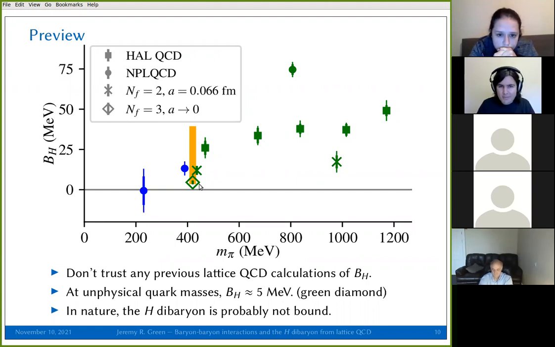The main result that I hope you'll be convinced of at the end is that you shouldn't trust the previous calculations. They're all affected by uncontrolled systematic errors. At this particular unphysical quark mass point, it is bound by 5 MeV, which is really not the deeply bound hexaquark type state. And in nature, for physical quark masses, it's probably not a bound state.